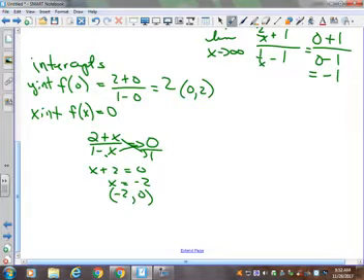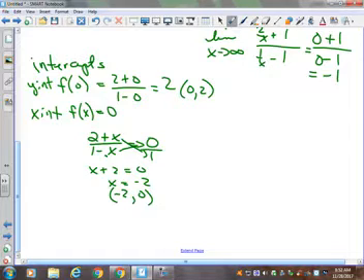All right. Now, the last thing they ask us to figure out is if there's any symmetry. Sometimes you can tell whether there's symmetry or not by doing some algebra.